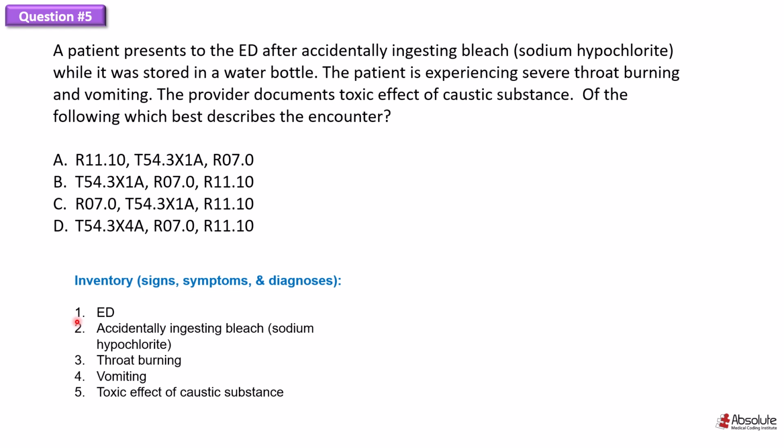So number one, let's just go down our list. I did document emergency department because sometimes it's significant. Sometimes it impacts your code selection. I'll show you why in a minute.